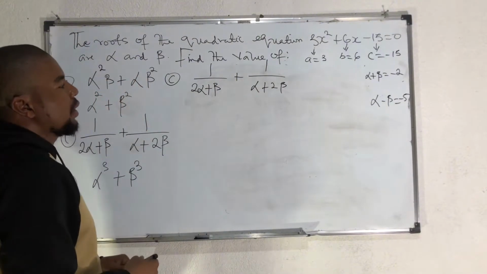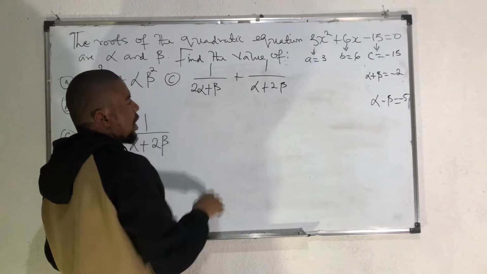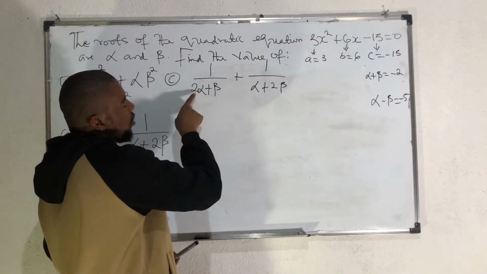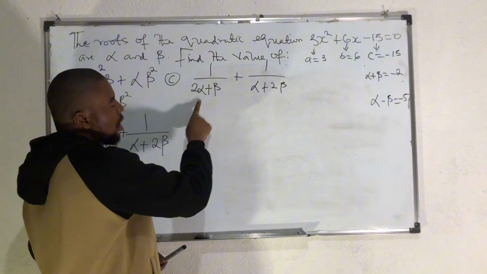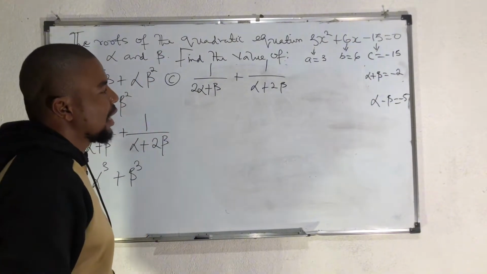How do we now combine this? This is a fraction, right? These are two separate fractions. We cannot add them because their denominators are not the same. On the left, you have 2 alpha plus beta. On the right, you have alpha plus 2 beta. You can't add them together because they are not the same.